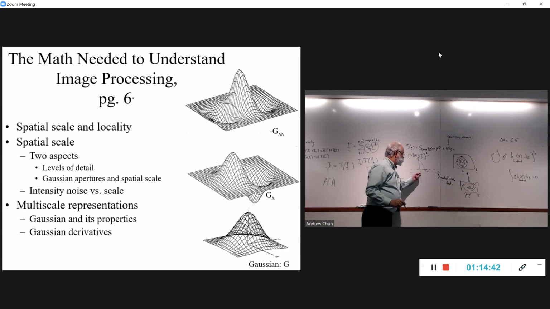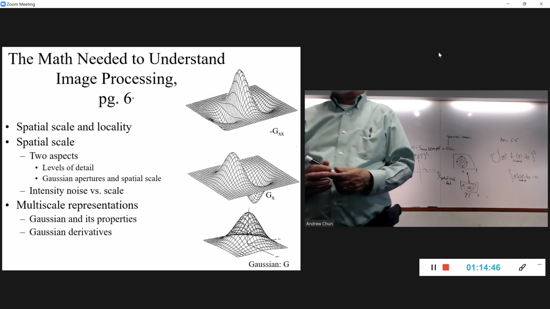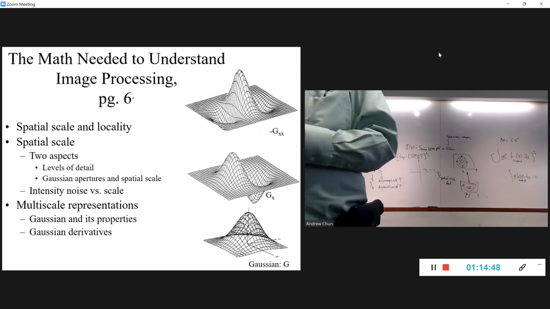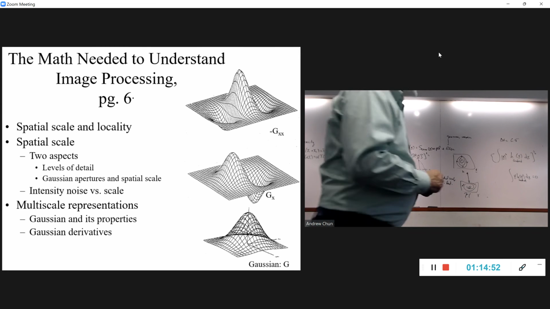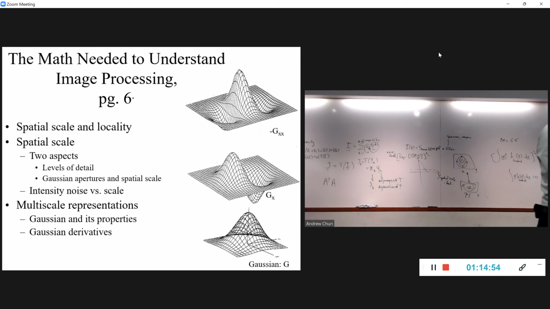And that is going to apply whether we're talking about a sinusoidal decomposition or any other of these orthogonal function decompositions. And we talked a little bit about the multiscale approximation and why the Gaussian was so important. I'll talk about that next time in review.